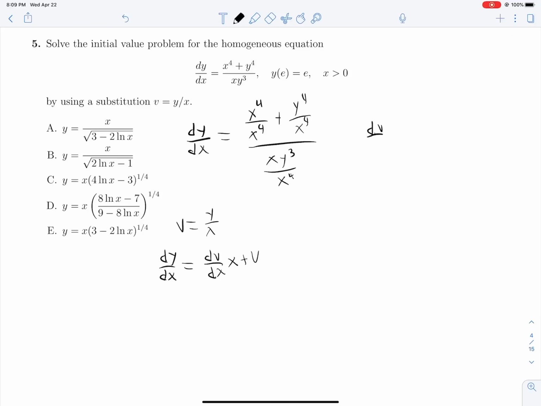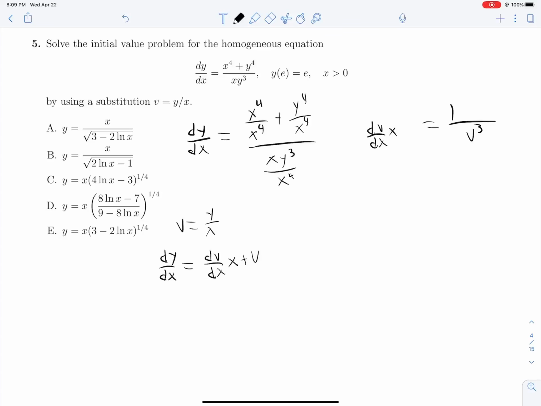We get dv dx times x plus v is equal to 1 plus v to the fourth, all divided by v to the third. So we can subtract this v over and express it as minus v to the fourth over v cubed, and add it into this rational expression that we already have going here, and that's just going to remove that v to the fourth.